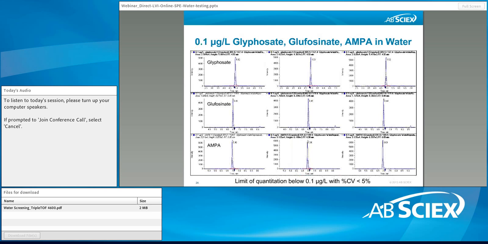And if we go to lower concentration levels, so here's the analysis of 100 parts per trillion, 0.1 microgram per liter, of glyphosate, glufosinate, and AMPA after automatic derivatization. And due to the automation of the derivatization step, the analysis became very reproducible with a percent CV less than 5%.